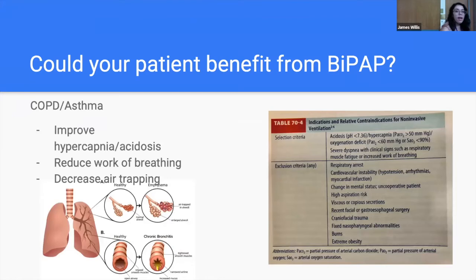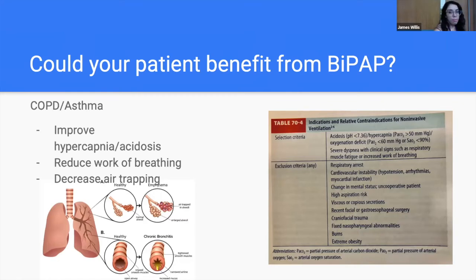Okay. Another setting in which we can use it is COPD and asthma. Here, we have airway narrowing and air trapping, and this leads to a ventilation problem. So here, the driving pressure that we talked about, the difference between IPAP and EPAP, is going to help decrease your work of breathing, improving ventilation, decreasing your CO2 level, and improving acidosis.